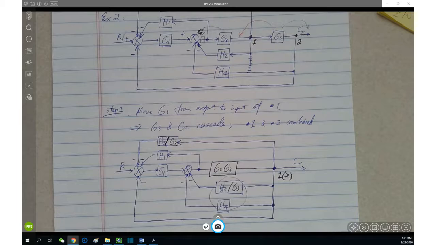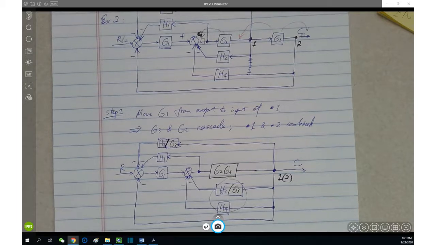After this combination, you obviously need to do further moving. Yes, you need to once again start to move. Then what move do you want to do? Any proposal?